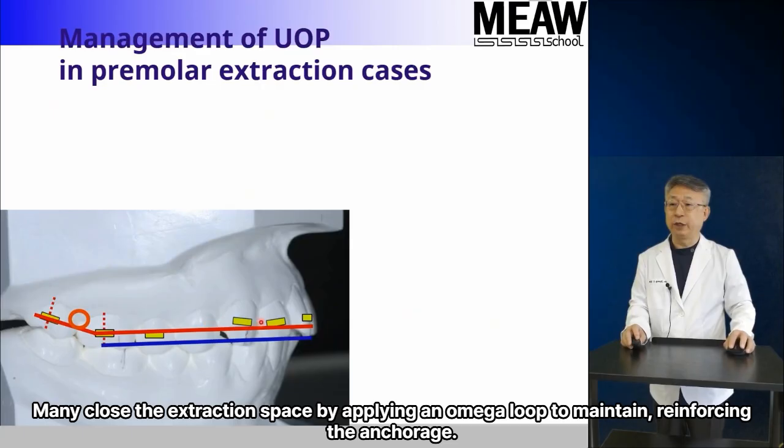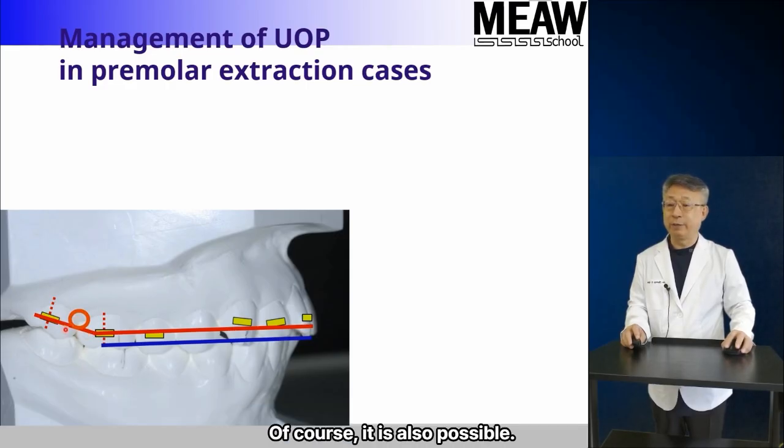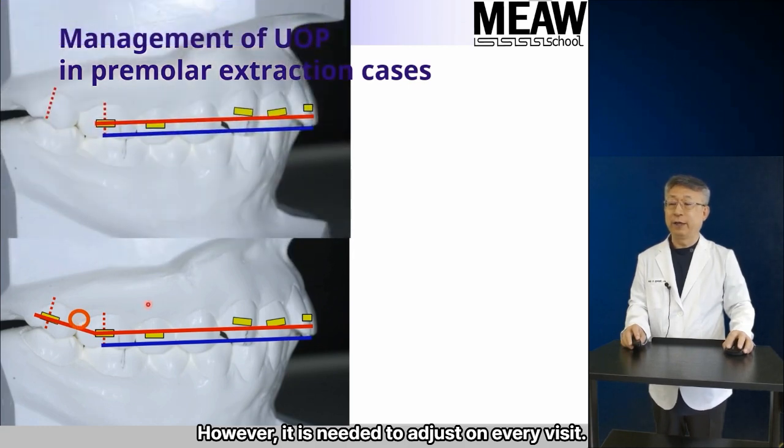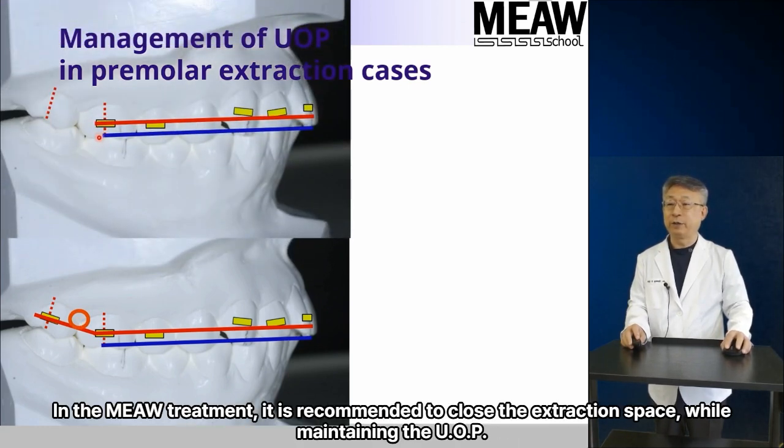Many close the extraction space by applying an omega loop to maintain the UOP, reinforcing the anchorage. Of course, it is also possible. However, it is needed to adjust on every visit. In the MEAW treatment, it is recommended to close the extraction space while maintaining the UOP.